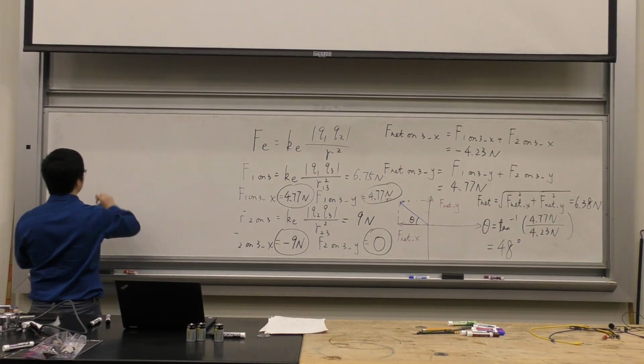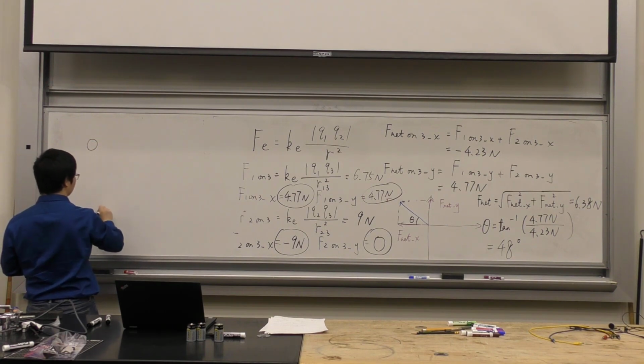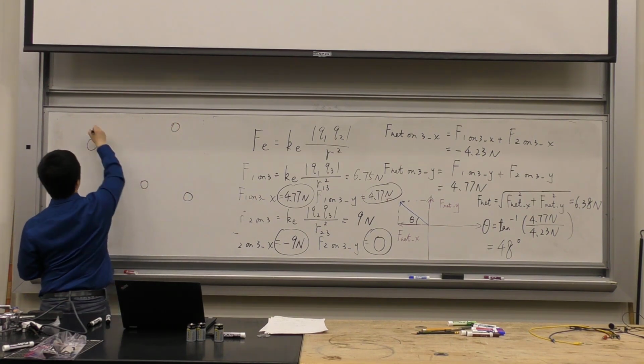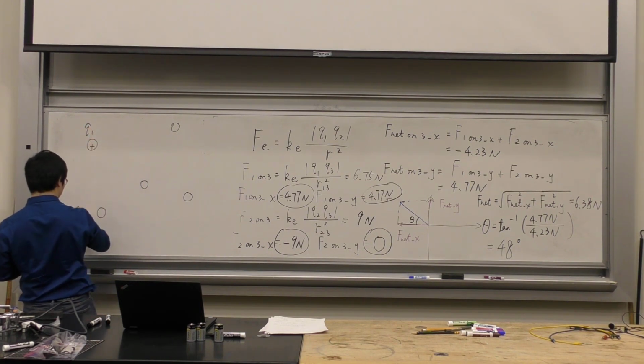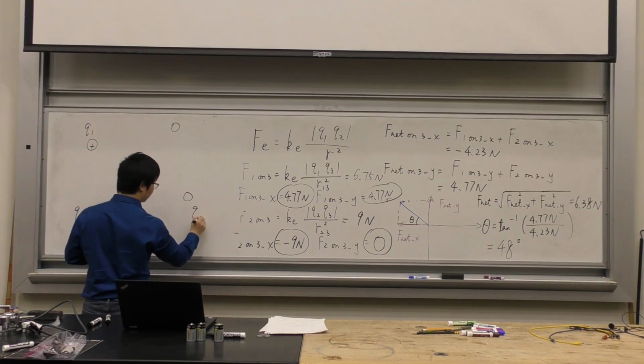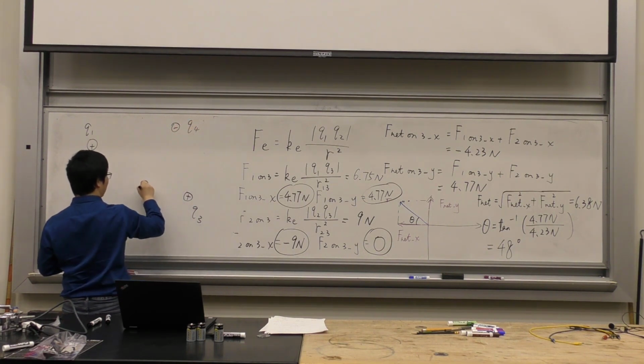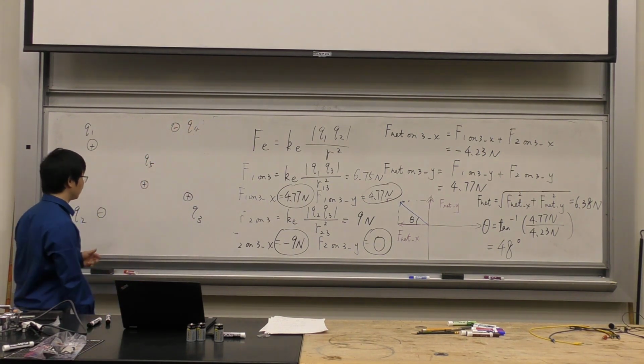For example, if I have 5 charges, 1, 2, 3, 4, 5: this is Q1 positive, Q2 negative, Q3 positive, Q4 negative, and then Q5 is positive. I want you to find the net force on Q5.